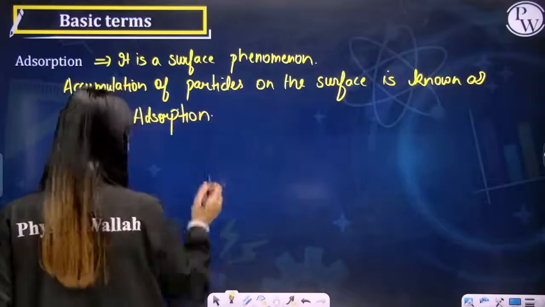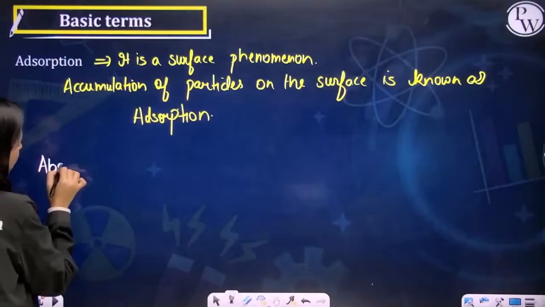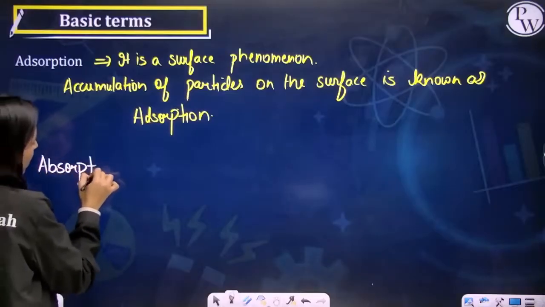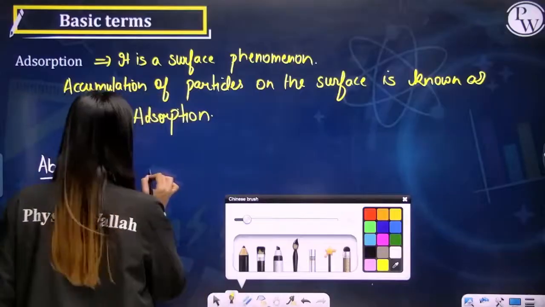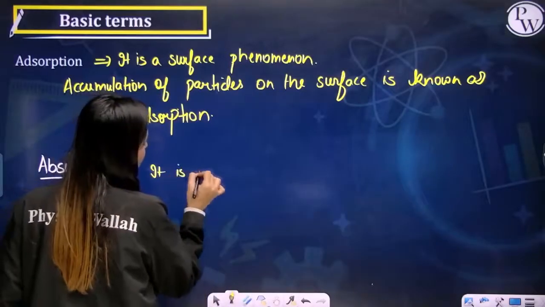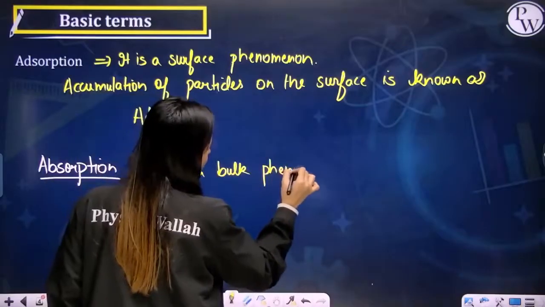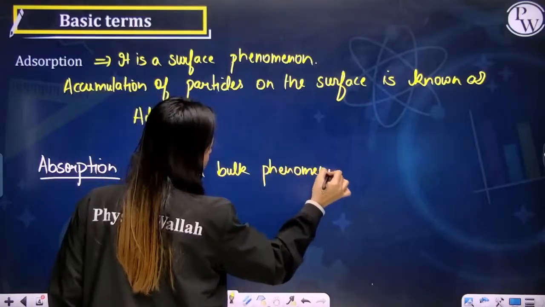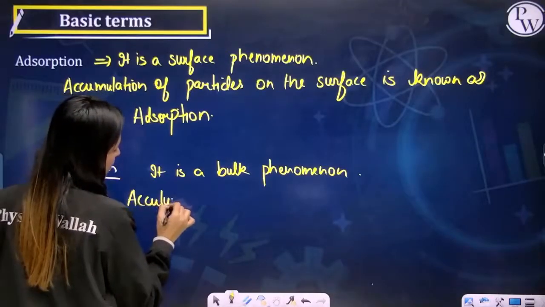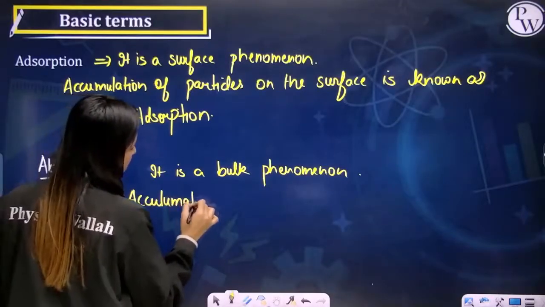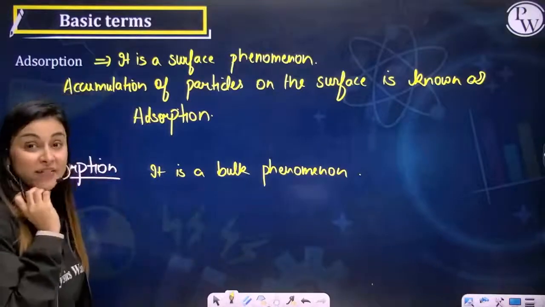Okay, now let's try to write the definition of absorption. First thing is, it is a bulk phenomena. Accumulation of particles in the bulk is known as absorption. What spelling have I written, right?